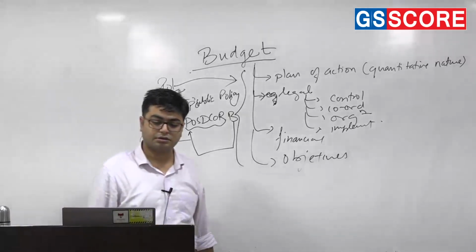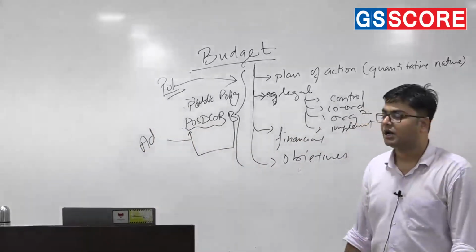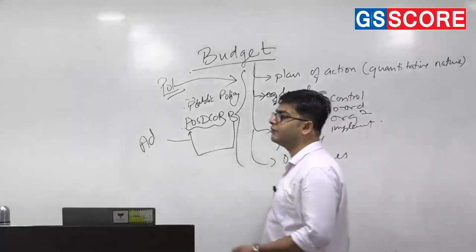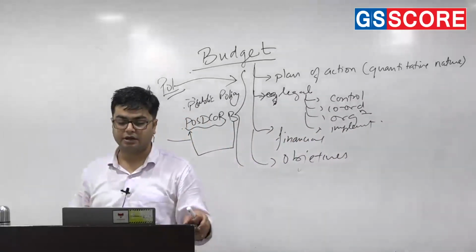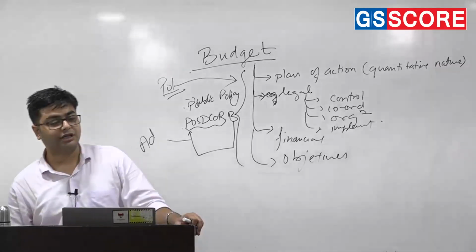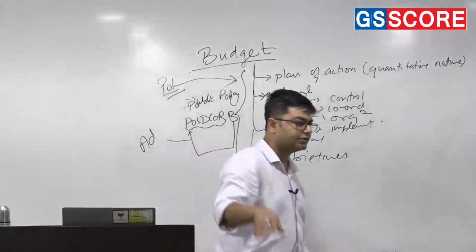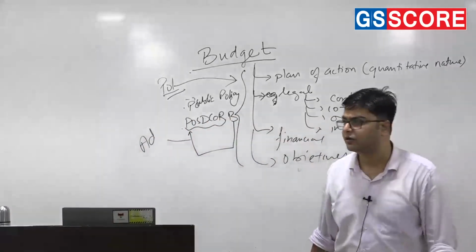Because the annual income and expenditure of the government, like I said, is the lifeblood of the organization, without which it will not sustain. So there are various views. Wildavsky, through questions, I will not get into it.